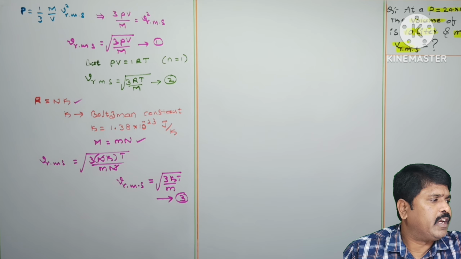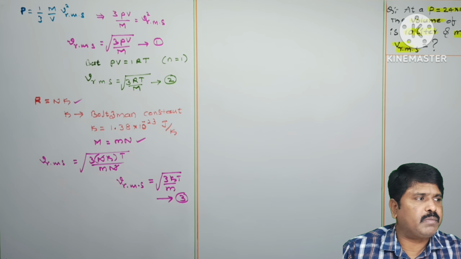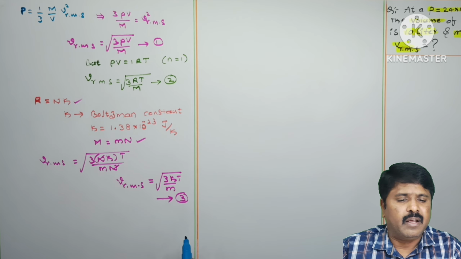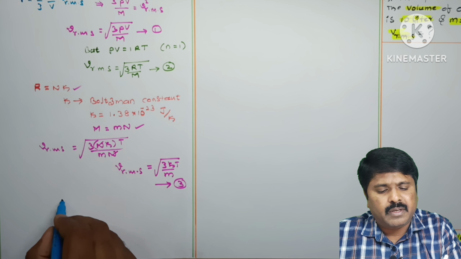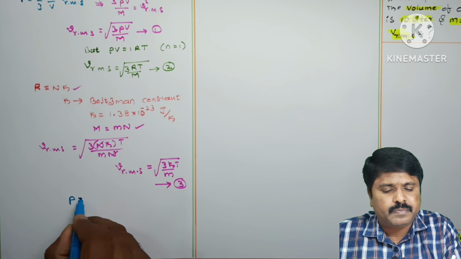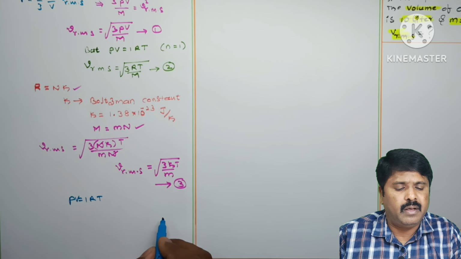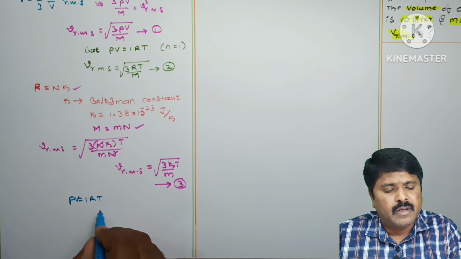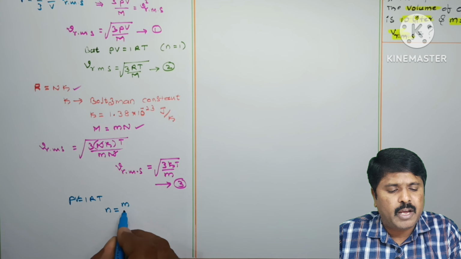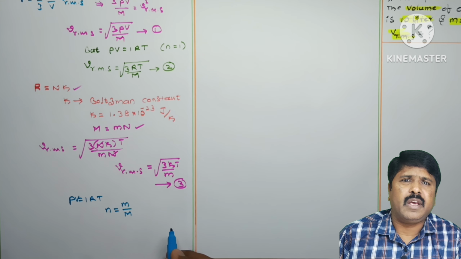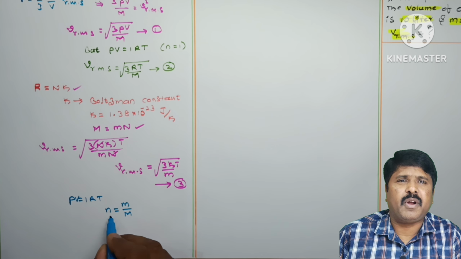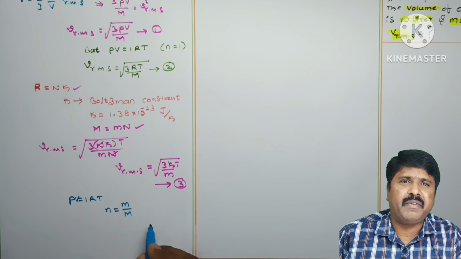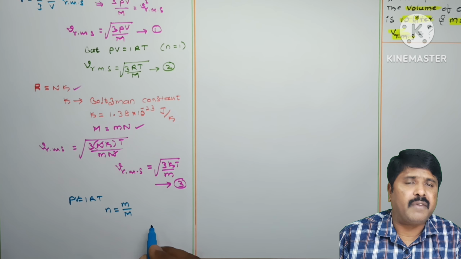And also next we can modify these equations step by step, student. So the modification of equations by using the ideal gas equation and relations. Now PV is equal to 1 RT. And next step I can write there: small n is equal to small m divided by capital M. So one thing you have to notice, n is the number of moles, which is equal to weight divided by molecular weight of the gas.